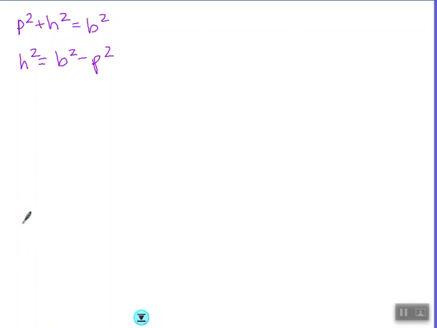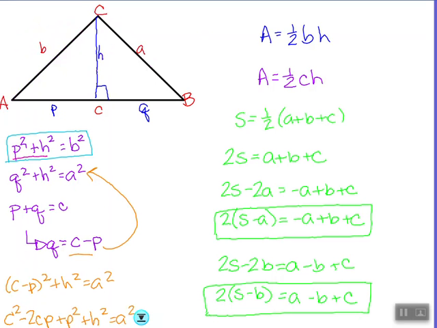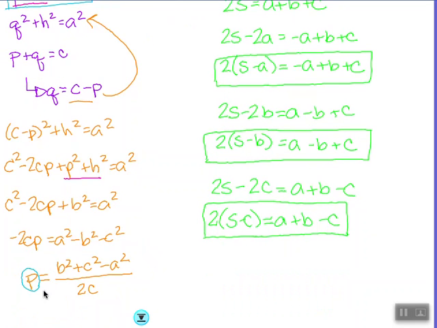If I plug our formula for p in now, I'm going to end up having to square that fraction, and it's going to get a little complicated. So I'm going to factor first instead. This is the difference of two perfect squares. So I can factor this to be b plus p and b minus p.